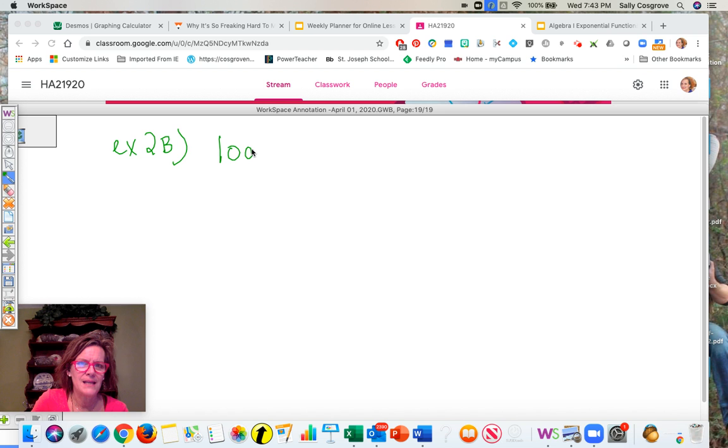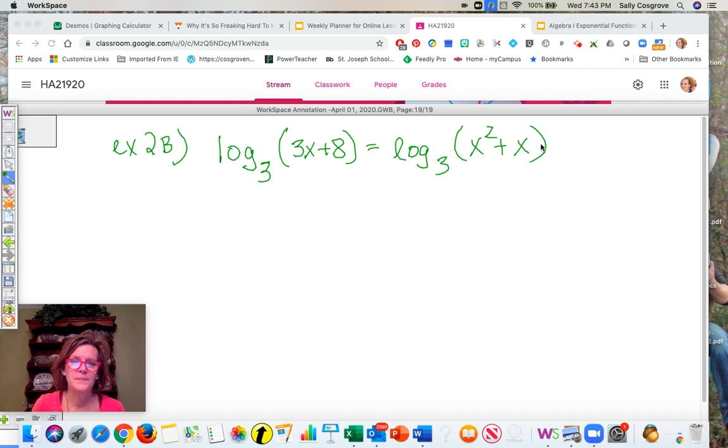It says log base 3 of (3x + 8) equals log base 3 of (x squared + x). I have logs on both sides, I have an equal sign, and both of them are in base 3. So you have to ask yourself, how am I going to solve this? Am I going to use the definition and rewrite it as an exponential?